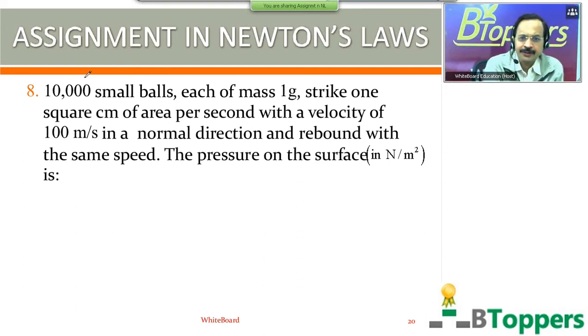So I choose the direction of the initial velocity of each ball as the positive direction of the x-axis.